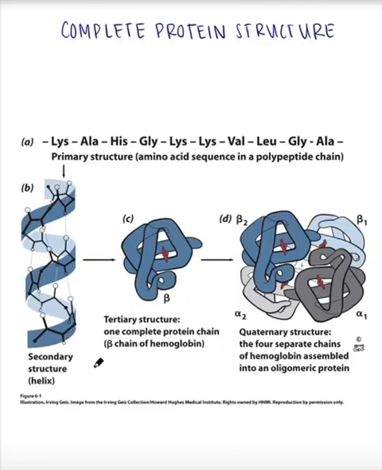Then we fold this a little bit further and we get the tertiary structure, and that's going to be due to interactions between our side chains. Plenty of bonds can do that. And quaternary structure is going to be when we take a bunch of these folded tertiary polypeptides and attach them together with the same types of interactions that you can use in tertiary.